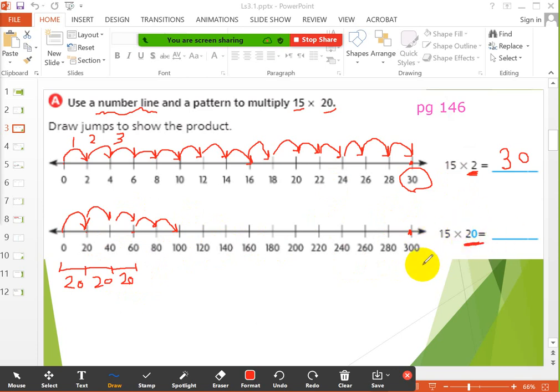This is the tens number. So if you add 20 15 times, the number will be 300. So this is the answer for this multiplication. 300. Okay? So this is how I will find the multiplication by using number line.